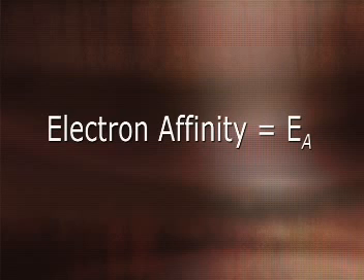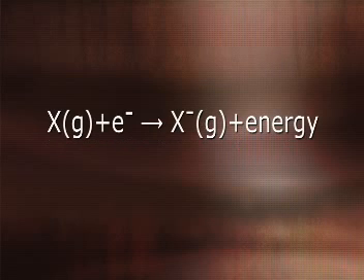It is the energy released when an electron is added to an isolated gaseous atom to form a gaseous ion. Electron affinity is the strength of an atom's ability to attract an extra electron. Energy is released during this process. Therefore, it is expressed as a negative value.